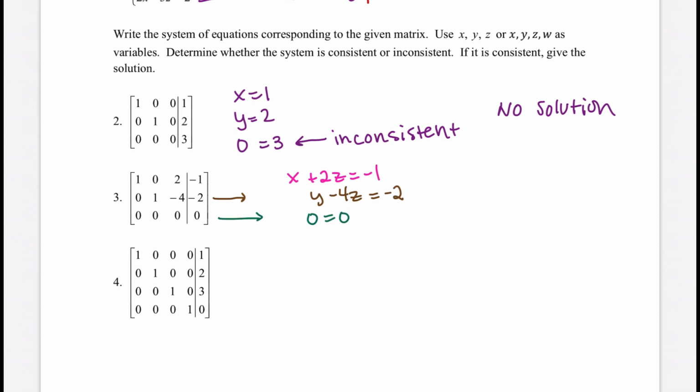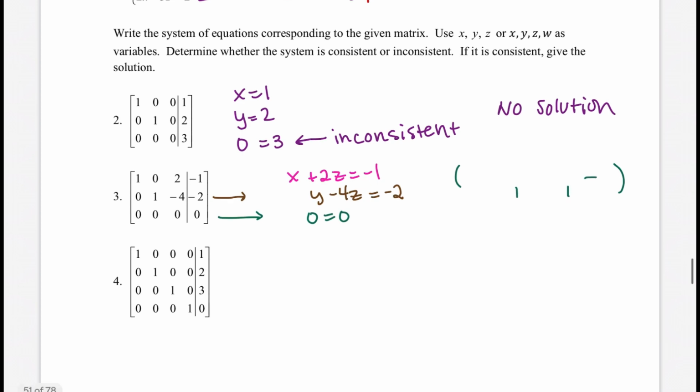Now, when we have infinite solutions, what we want to do is write them so we have our x, our y, and our z all in terms of z. So if I look at this equation right here, y minus 4z equals negative 2, I'm going to add 4z to both sides. And so in my y position, I'm going to put 4z minus 2.